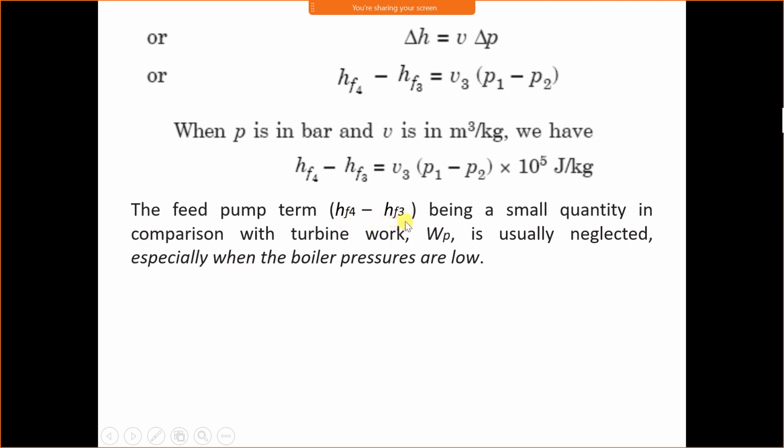Since this value is very small, the work supplied to the pump is very small as compared to work generated in the turbine. Therefore, WP is most of the time neglected. Therefore, Rankine efficiency is the ratio of WT upon heat supplied. Okay, WT is H1 minus H2 and heat supplied is H1 minus HF4.